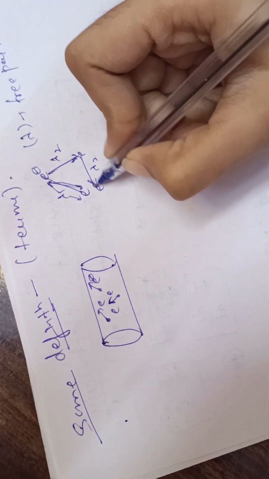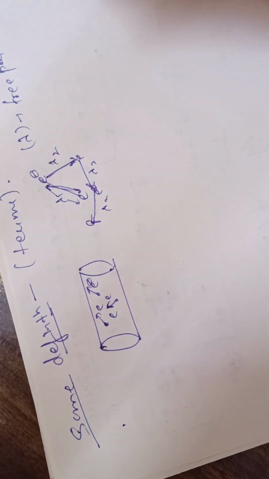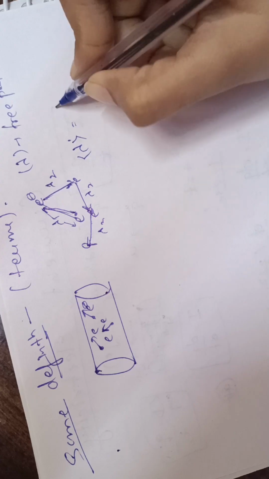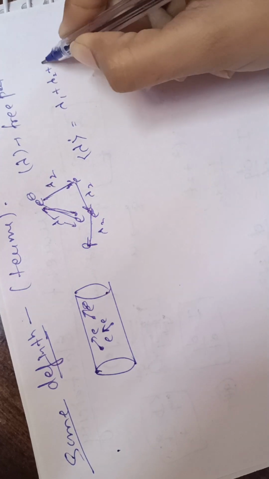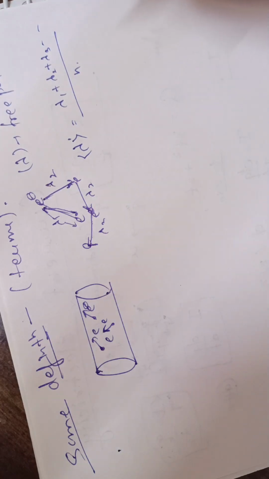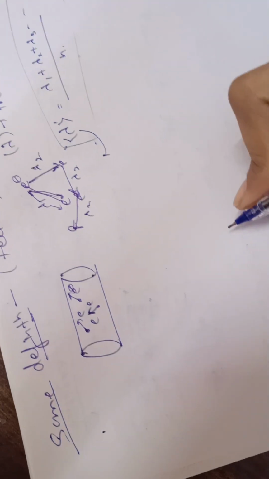Then this electron will collide with another electron, the lambda 3. Then we will find its mean, that is the mean free path: lambda equals lambda 1 plus lambda 2 plus lambda 3 and so on, divided by n, the number of free paths. This is called the mean free path.